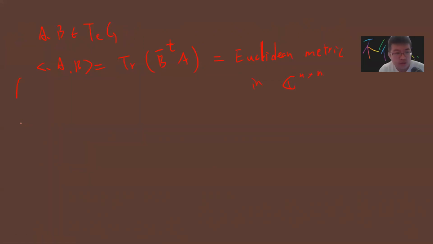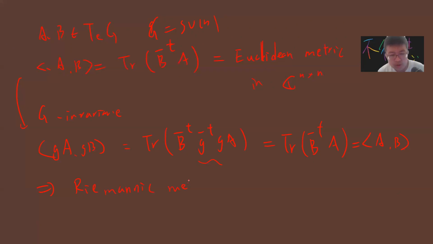You can check there is a G invariance by defining <GA, GB> to be trace of B^T G^T G A. If we consider G to be SU(n), this will give you trace of B^T A, which is <A, B>. So this will give you the Riemannian metric on G.